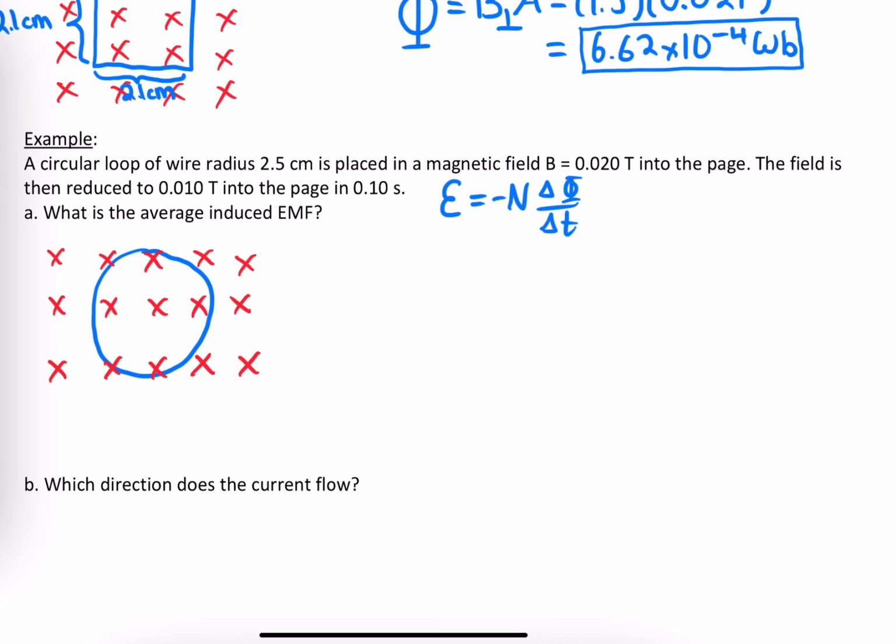So I've got my initial situation over here, where my magnetic field is 0.2 Teslas. But then I've got a final situation, which I'll draw beside it, where the magnetic field is now only 0.01 Teslas.